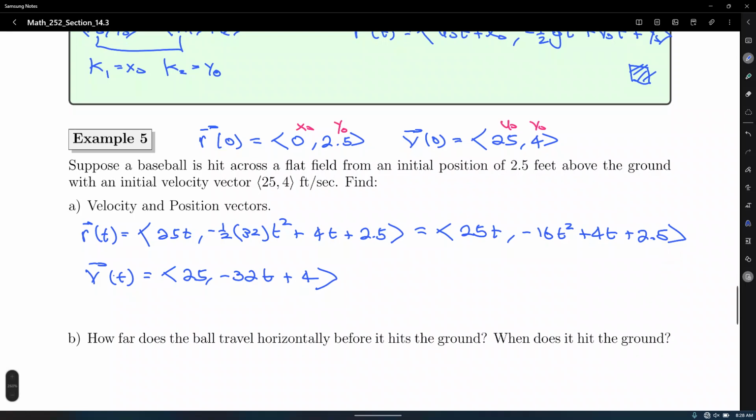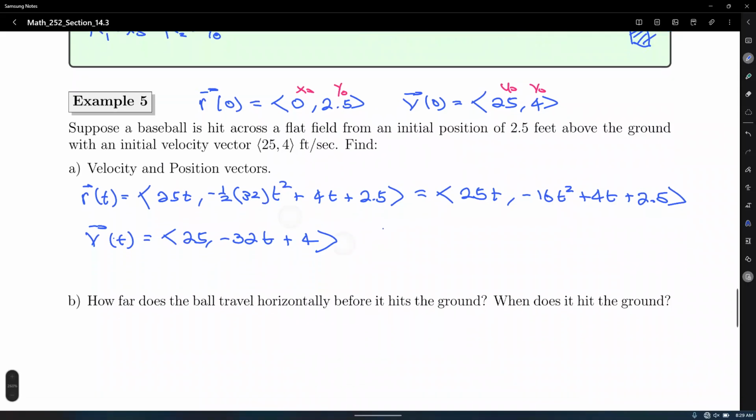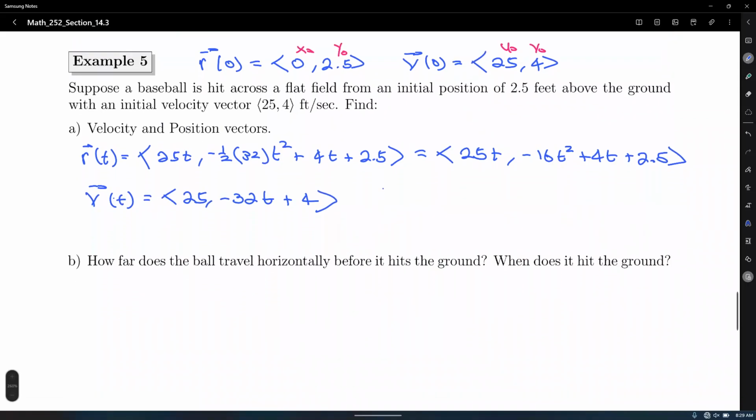Now part B: how far does the ball travel horizontally before it hits the ground? We're going to use our graphing calculator here, so get it ready. Number one, let's draw a diagram.